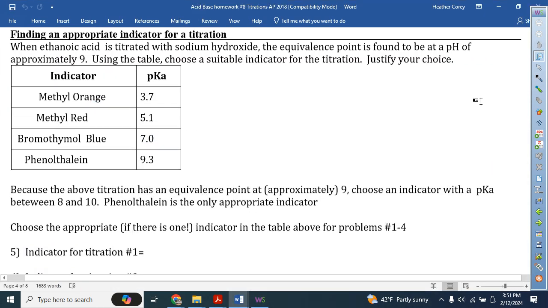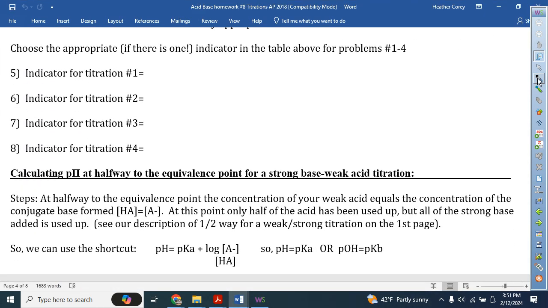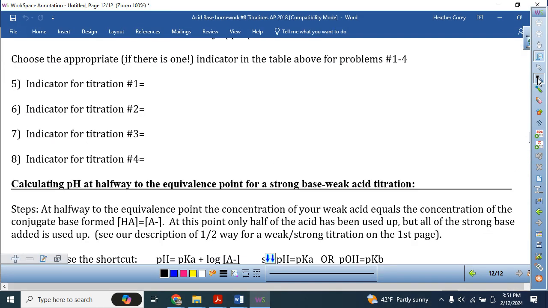So, if we look at number 6, we just did the titration for problem 2. And in problem 2, we said the pH at the equivalence point is 5.38. So ideally, we would like to have an indicator between 4.38 to 6.38.